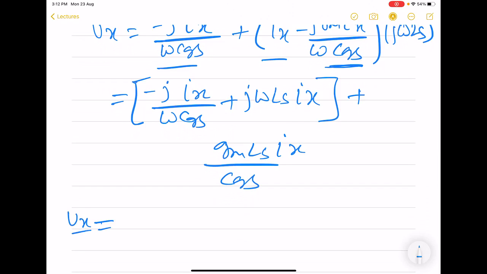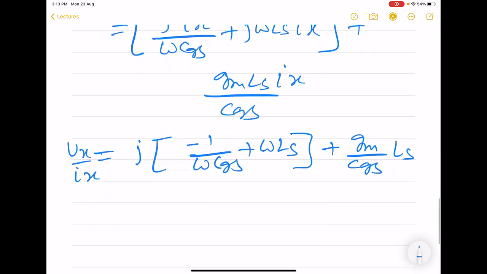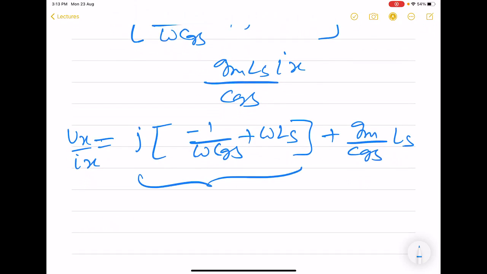So we can write Vx by Ix is equal to j into minus 1 by omega CGS plus omega Ls, plus gm by CGS into Ls. So here we have imaginary part and we have a real part also.